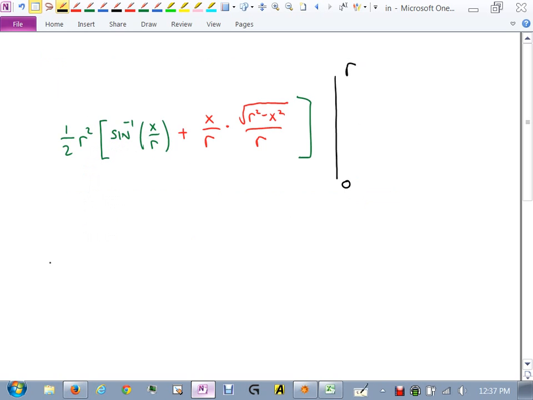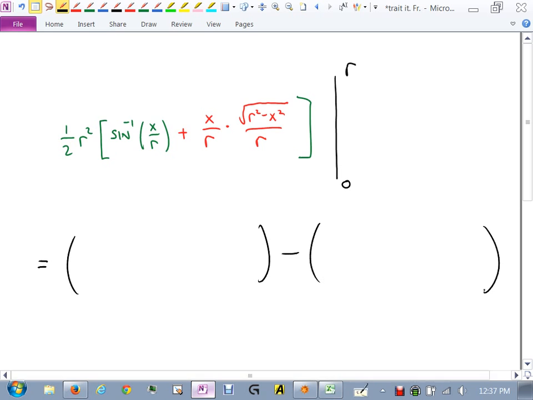So now let's plug in. This is going to equal something, the r plugged in, then the 0 plugged in. So plug in r. Everywhere you see an x, plug in r. R over r is 1. What's arc sine of 1? So on the unit circle, where is sine 1? Where's the y-coordinate 1?